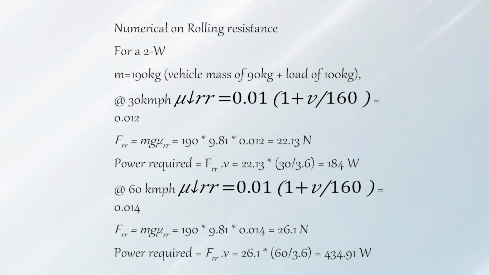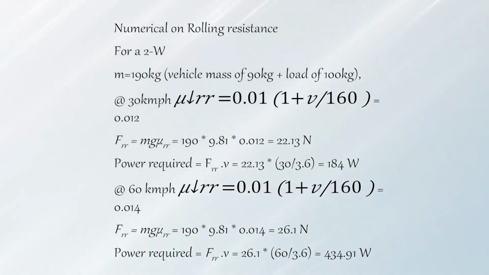When we consider the mass of the vehicle, it is not the vehicle mass alone, but also the person who is sitting on the vehicle. Especially in the case of rolling resistance, it is not only the mass of the vehicle, it is also the mass of the person or the load which is put on the vehicle.